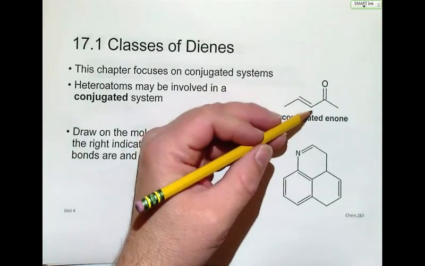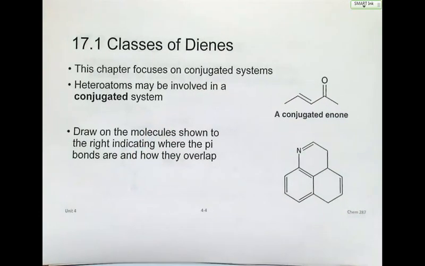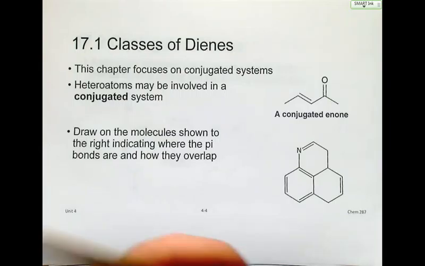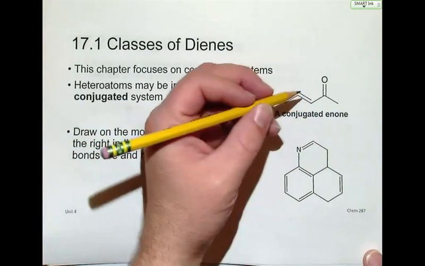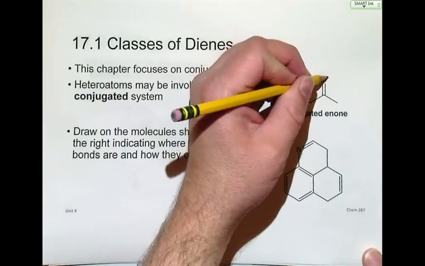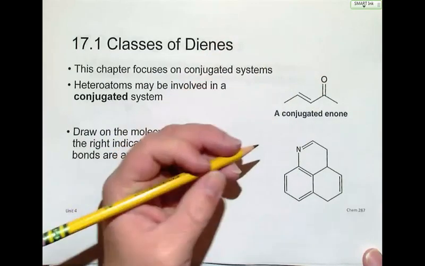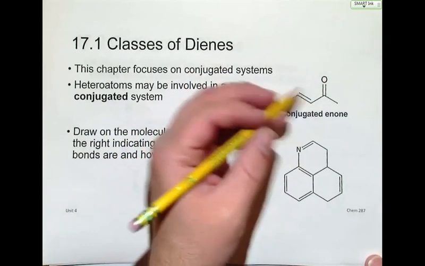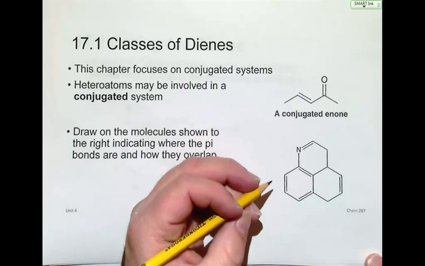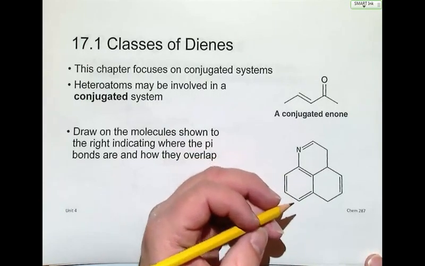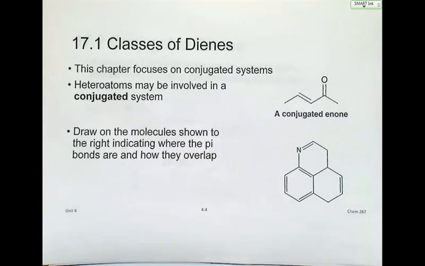This is an alpha-beta unsaturated ketone. We've been talking about how to make those and reactions of them. And it turns out these are also conjugated. So what I want you to do is try to draw the p orbitals across this molecule, showing where they would all be delocalized, like we were just doing on those other drawings.